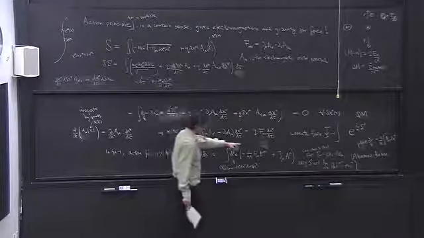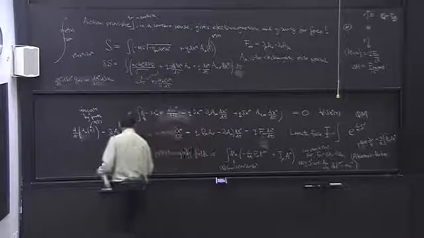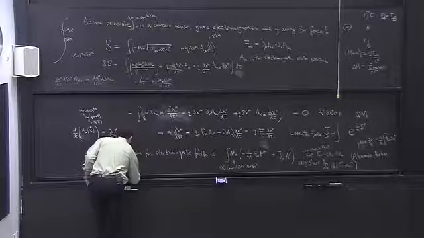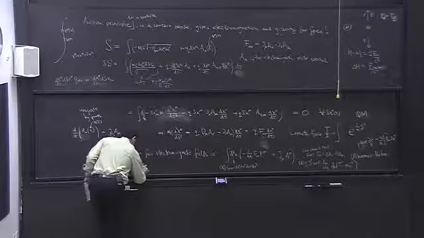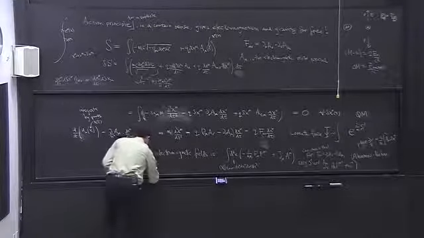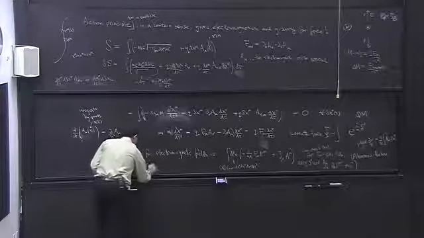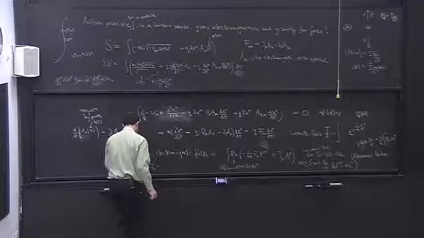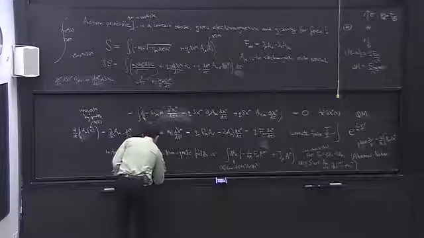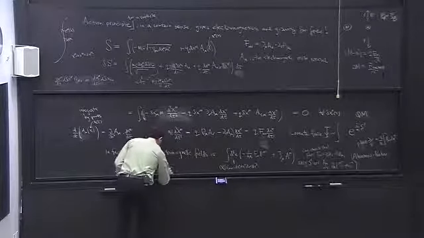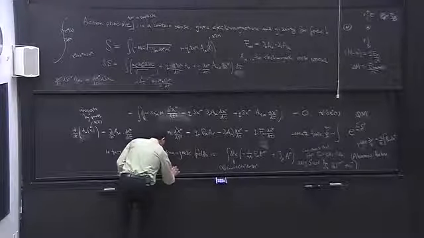The J mu for a charged particle is proportional to q dx mu d tau.